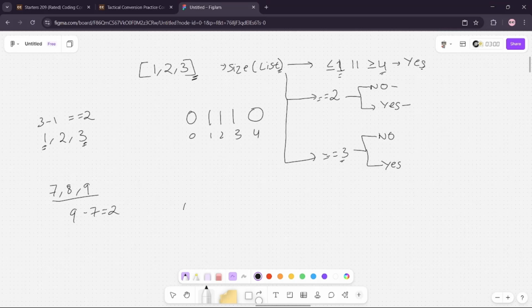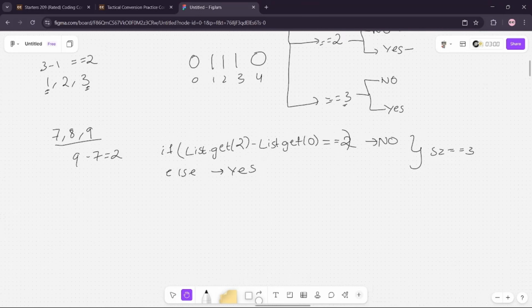So can I say that list.get(2) minus list.get(0) is double equal to 2? That means the answer is going to be no. Else the answer is going to be yes. This is if the size is double equal to 3.